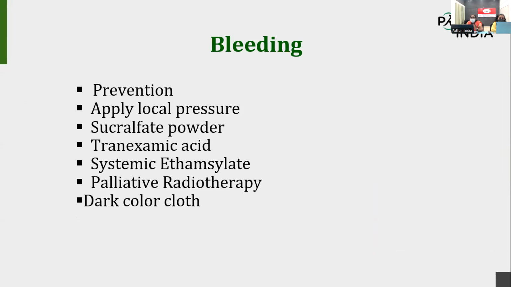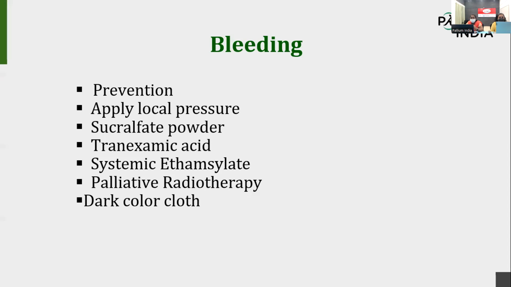If the bleeding is not controlled, you can apply sucralfate powder: crush the sucralfate tablet, make it a powder and apply it. Then you can apply tranexamic acid. If the bleeding is not stopped, you can go for systemic ethamsylate. You can also suggest palliative radiotherapy.